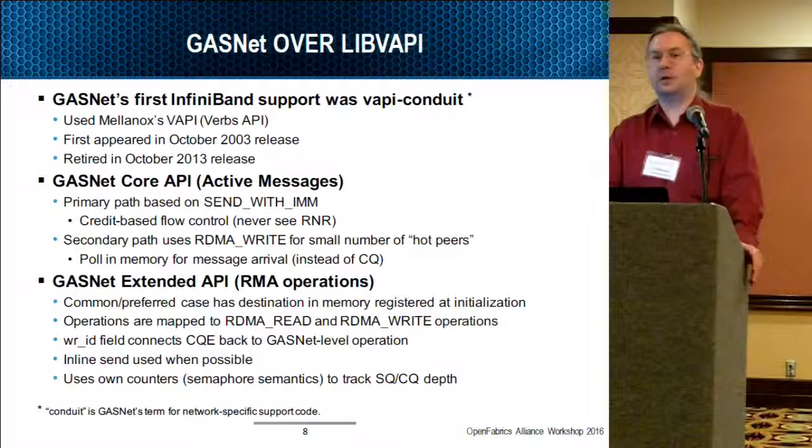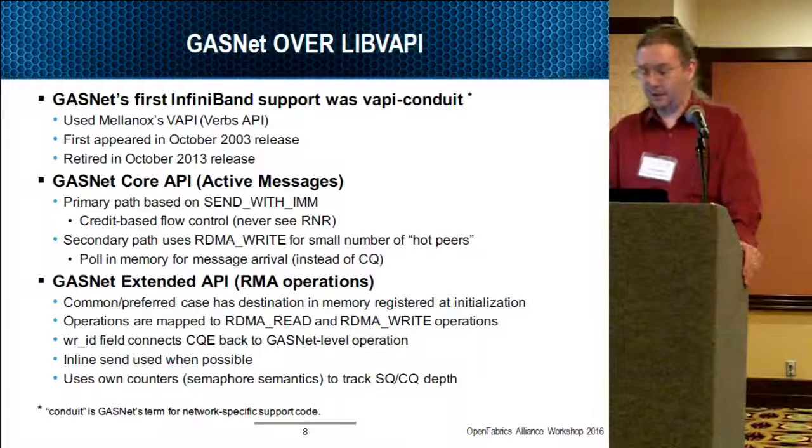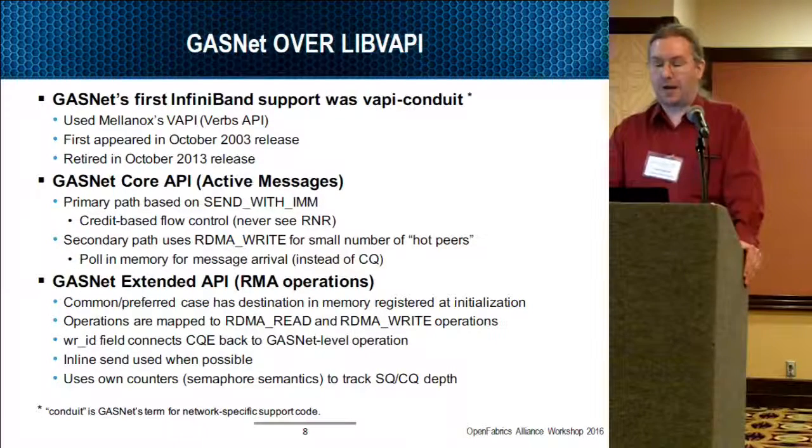And one of the more complex things, it felt like it shouldn't have been necessary, but we ended up needing to track the number of entries we were using in send queues and completion queues to avoid overruns.